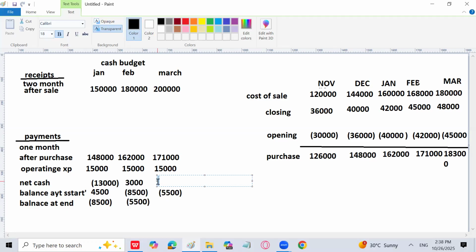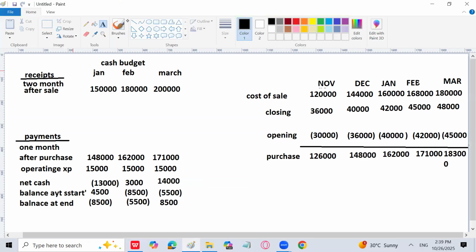And let me calculate this. That is 2 lakh minus 171,000 minus 15,000. That is 14,000 positive. Minus 5,500. So we have 8,500 positive balance. So you can easily assess that we started with an overdraft, but now at the end of 3 months, we have a positive balance.